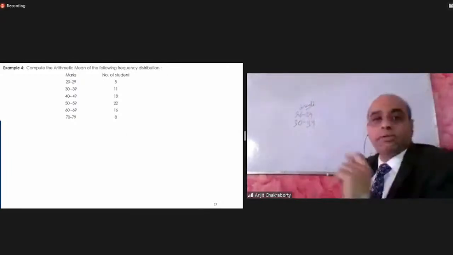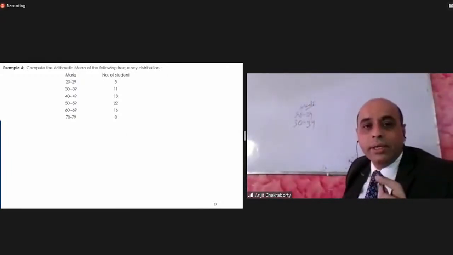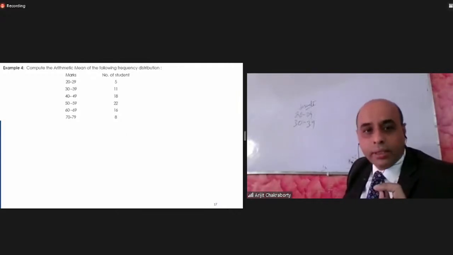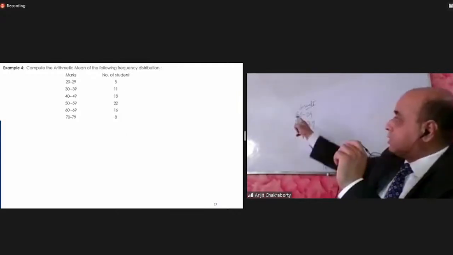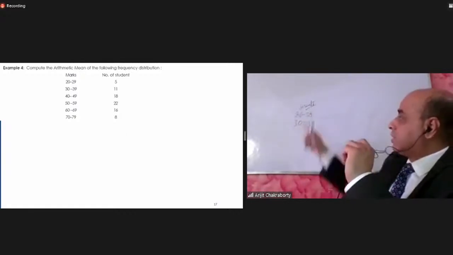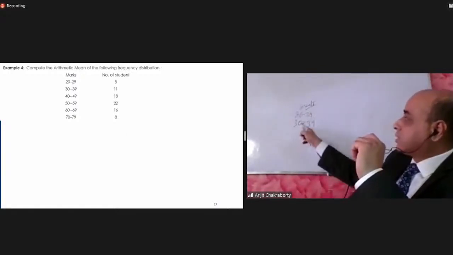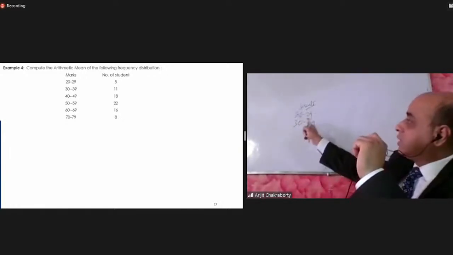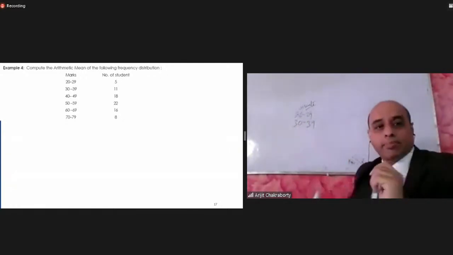Yesterday in the last session, we had discussed discrete distribution, a discrete type of variable, a variable which takes specific values. But in case of a continuous variable, it will take all values within a given range. Here the value is from 20 to 29, but here it is 30 to 39. So it is not continuous, there is a gap between 29 and 30.